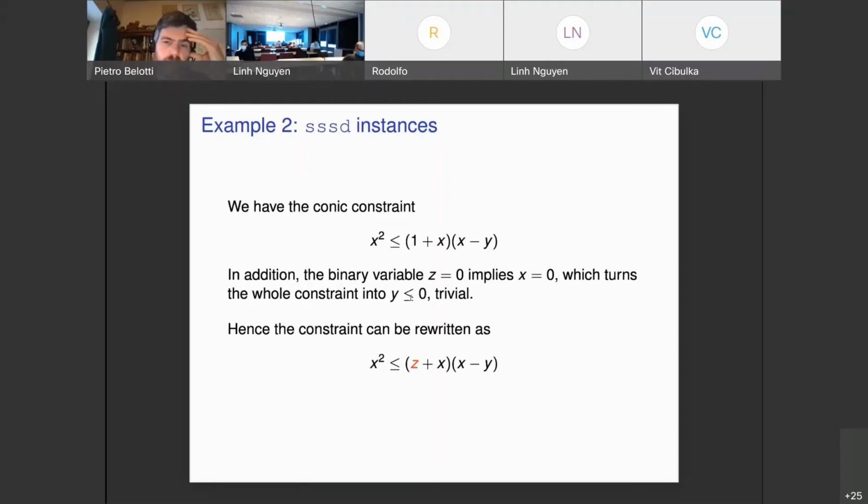It only implies that y is less than or equal to 0, which is trivial. This means that if we apply perspective reformulation, we can substitute this one here with a z and obtain a tighter constraint that is going to allow us to solve the same problem, a problem from this class of optimization problems, much more efficiently.